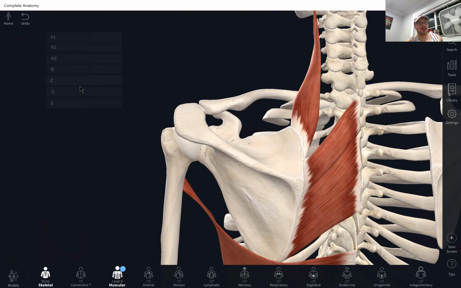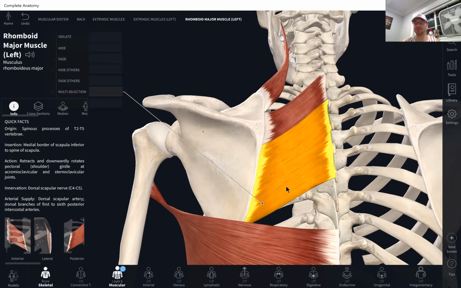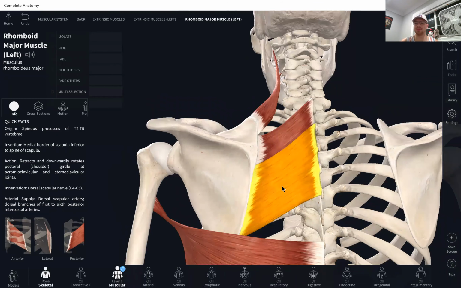That brings us to our next muscle, which will be the rhomboid major. So the rhomboid major originates from T2 to T5, the spinous processes of those vertebrae, as well as its supraspinous ligaments, inserting into that medial border of the scapula, below the spine, and then down to that inferior angle.